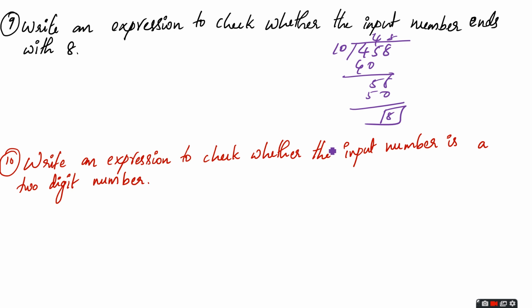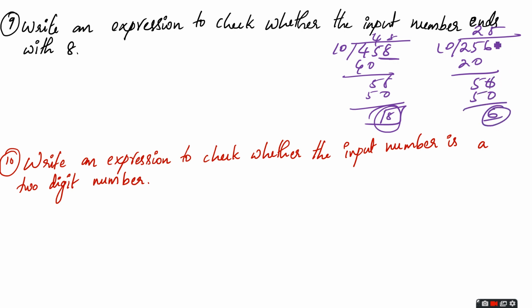When a number divided by 10 and we get the remainder as 8, that means that number ends with 8. For example, 256, it is divided by 10. Then we'll get the remainder as 6.